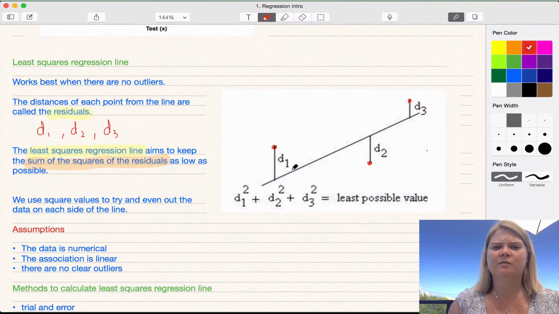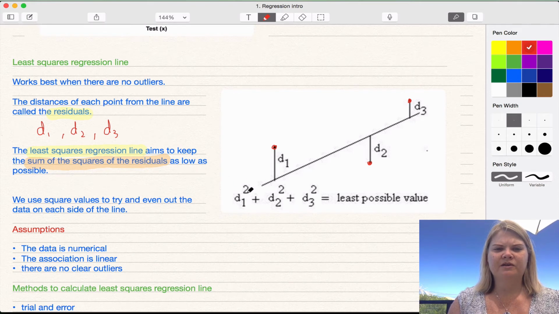If we can do that, then we'll get a line that is the least squares regression line, and it's the most accurate that we can find. So this is a more accurate way of finding a regression line than drawing your own line of best fit and guessing whether you're exactly halfway in between all the points.